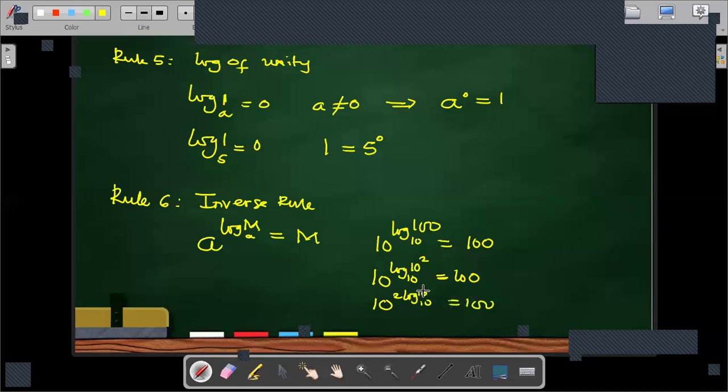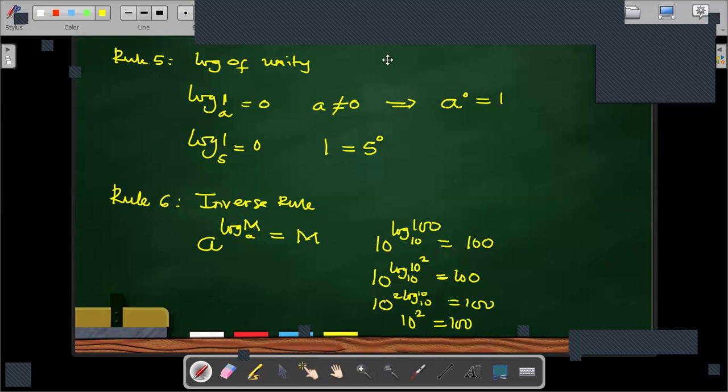And logarithm of 10 to base 10 is 1. Then this simplifies to give 10 to the power of 2, which is 100. So since the left-hand side simplifies to give the right answer, this inverse rule actually holds. So a to the power of logarithm of a number m to that same base a will also give us m.